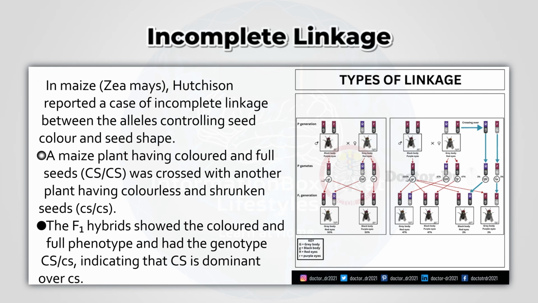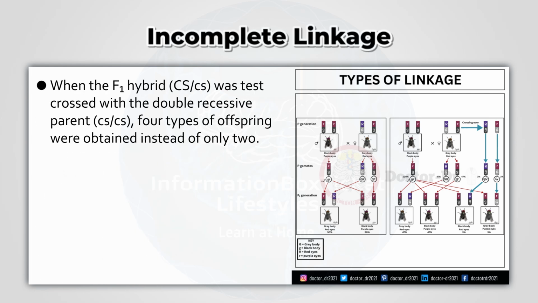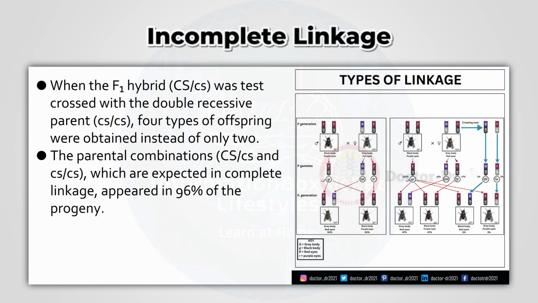When the F1 hybrid, CS/cs, was test-crossed with the double recessive parent cs/cs, 4 types of offspring were obtained instead of only 2. The parental combinations, CS/cs and cs/cs, which are expected in complete linkage, appeared in 96% of the progeny.